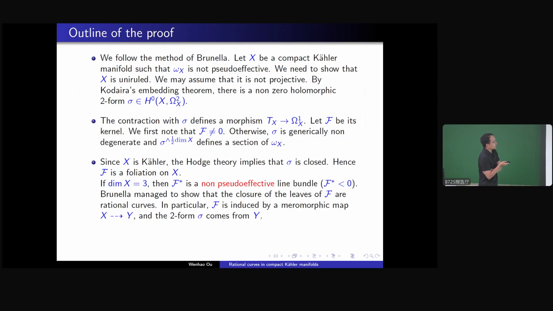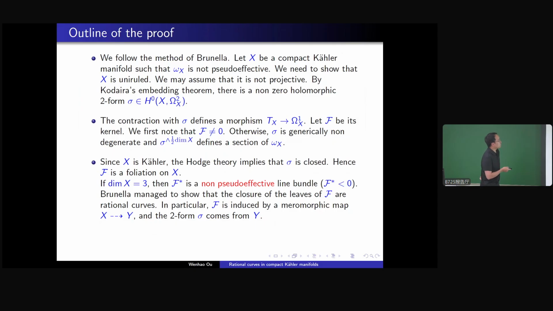This will show that sigma, this holomorphic form, is indeed a closed differential form. Hence, by Cartan calculus, we deduce that F is a foliation on X, which means that on the locus where F is a subbundle, it is closed under the Lie bracket.